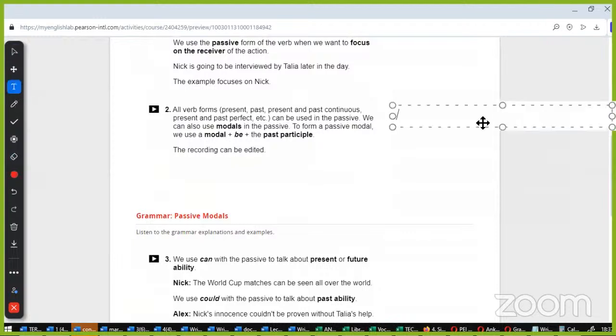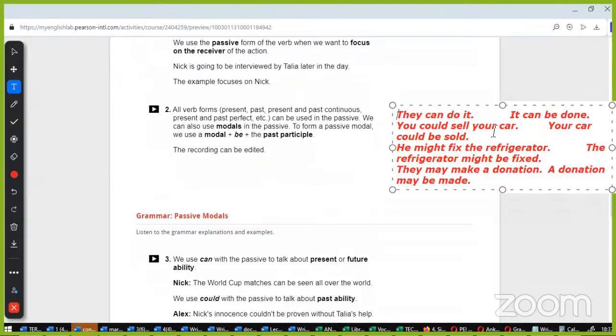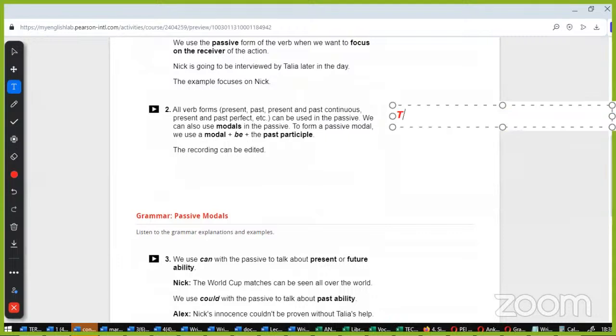We could also form these with modals. Okay, so in this case, I'm gonna create this example. They can do it, it can be done. Okay, I'm gonna put this and please help me to do this.